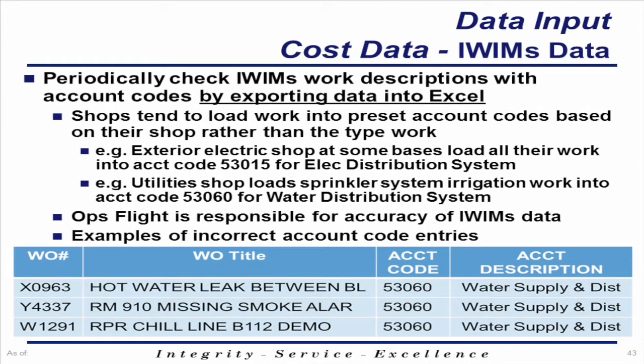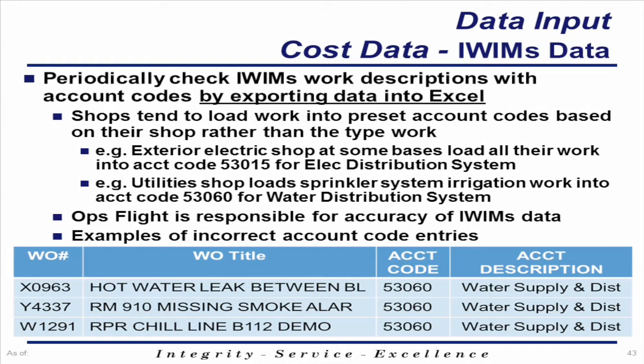So that's why in the slide we say export the data into Excel. You can go to the ops flight and get them to export it into Excel so you can see the information in front of you and pull out what needs to be pulled for each of the account codes. It is not the utility manager's responsibility to ensure the work is coded correctly.